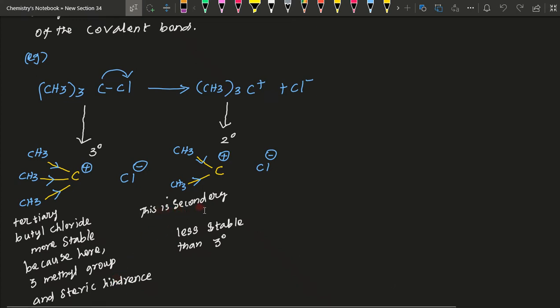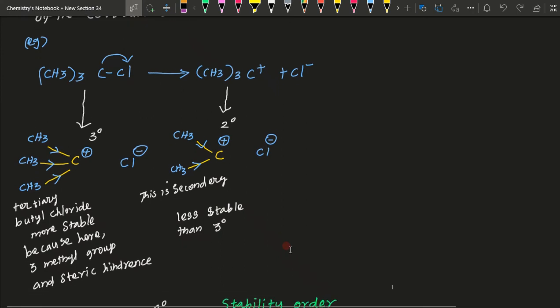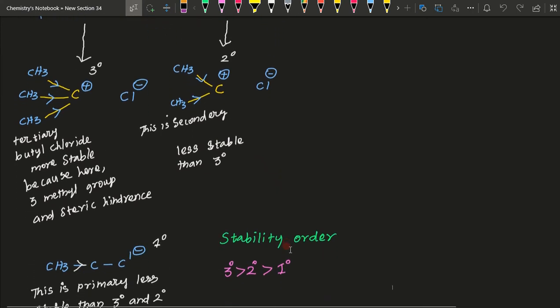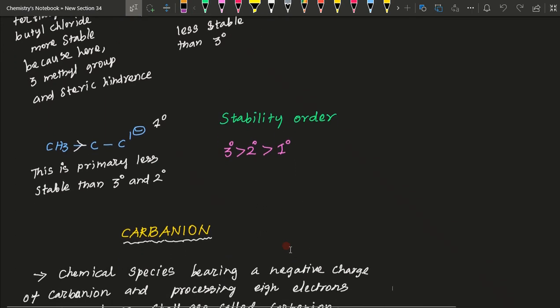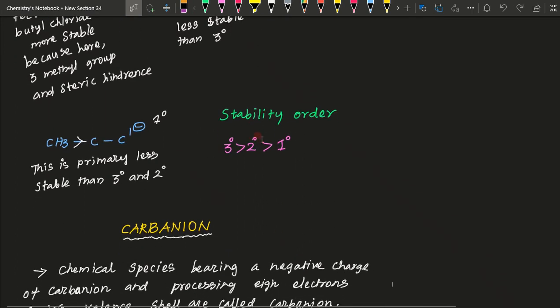This is the secondary carbocation, this is the tertiary carbocation. Here 2 methyl groups only, so less stable than tertiary carbocation. See the stability order. We know already the stability order.